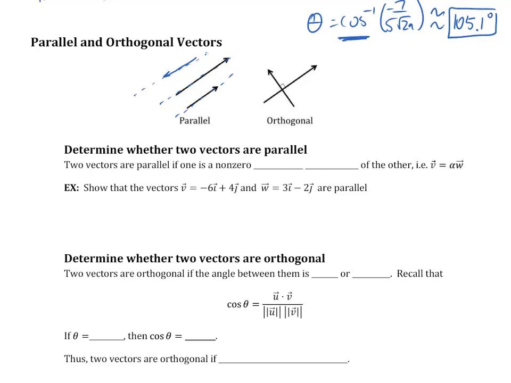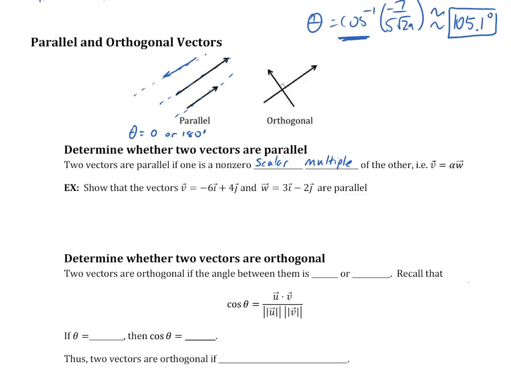Now, if two vectors are parallel, what's the angle between them? Okay, the angle between parallel vectors is either 0 or 180 degrees. So two vectors are parallel if one is a non-zero scalar multiple of the other.